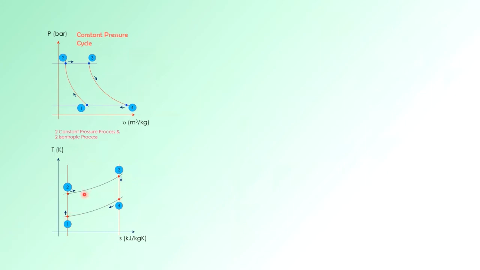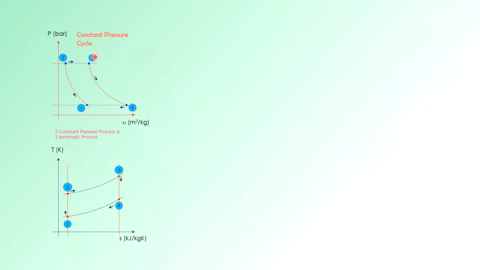Compared to the volume line, the pressure line is less steep; the volume line is steeper. If you still remember what I taught you in the previous video slides, you have these both as the constant pressure lines.